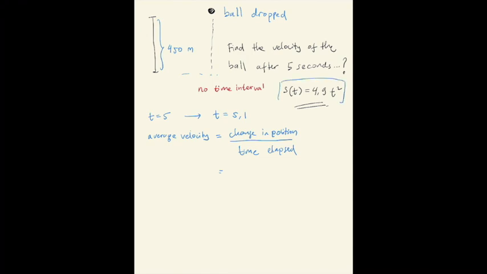The position model is s equal 4.9 t squared. Using this function, from s(5.1) to s(5), the time elapsed is 0.1 second.